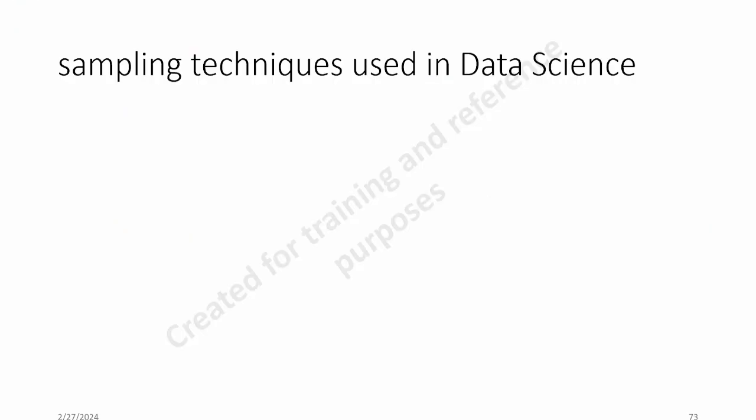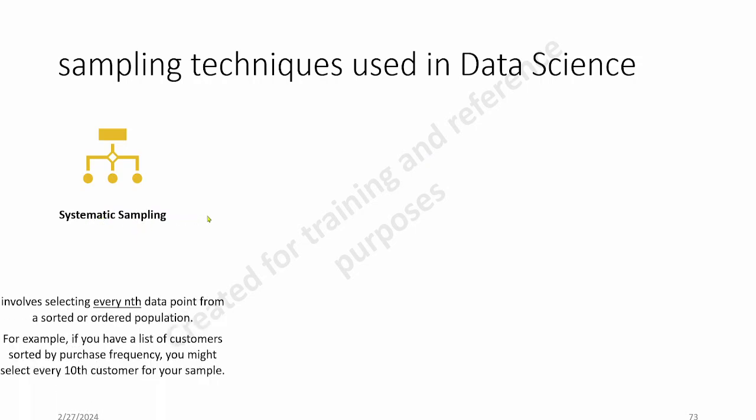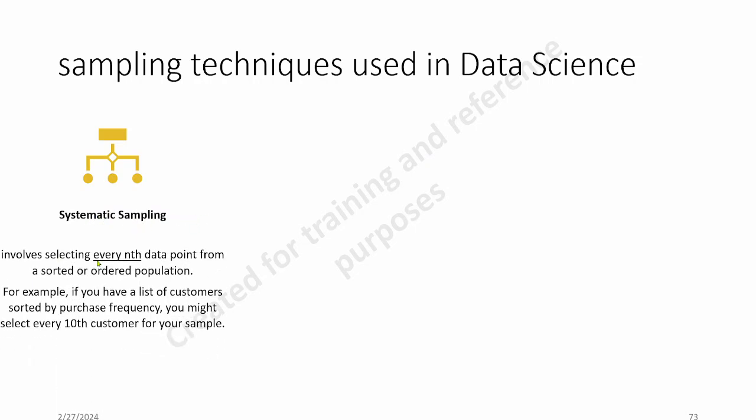Okay, let's talk about some more techniques for sampling. Let's talk about systematic sampling. This involves selecting by some kind of heuristic or rule. For example, you may select every nth data point from the data set.